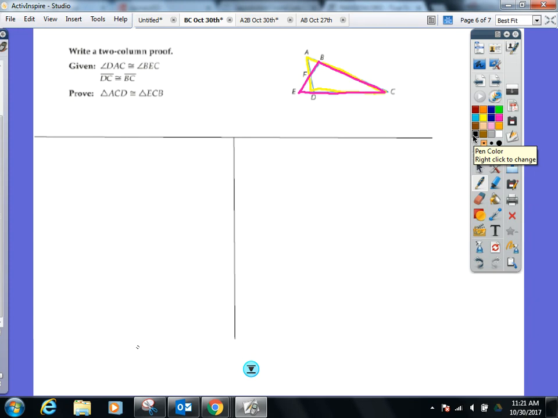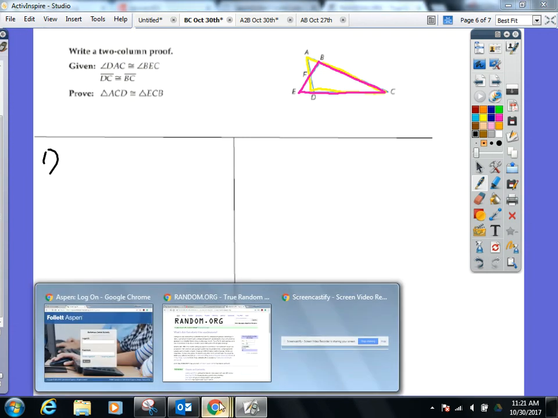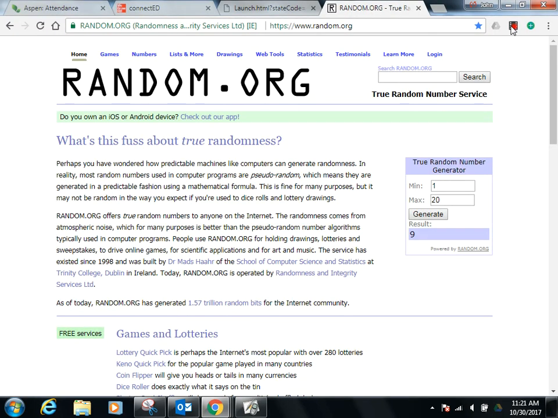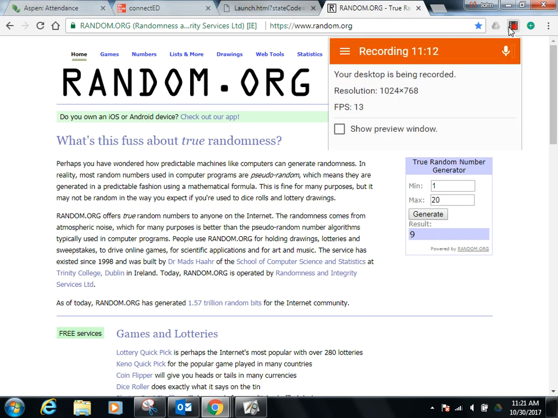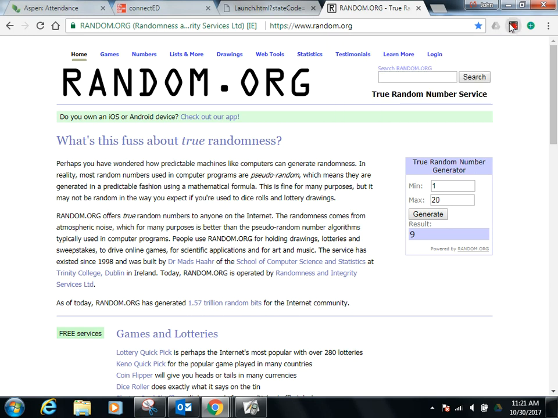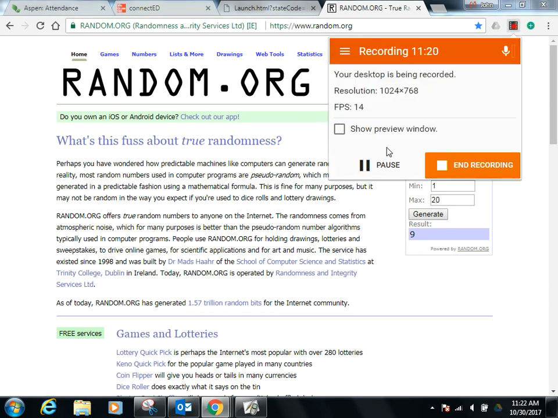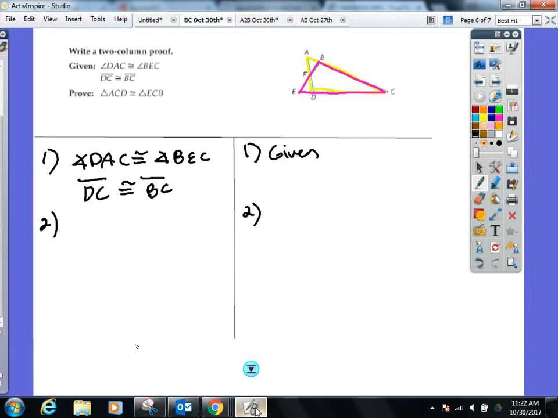I'll give you guys a second. Fill in your givens. If you want to mark anything on your diagram, feel free so we can talk. Let's start with the givens, because maybe they provided us with full sides and angles.